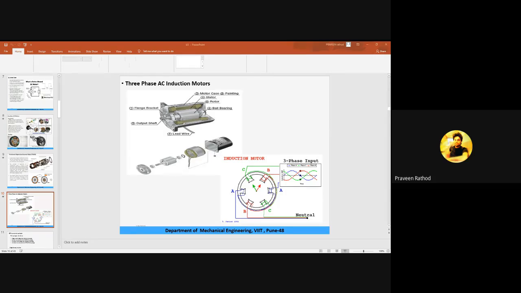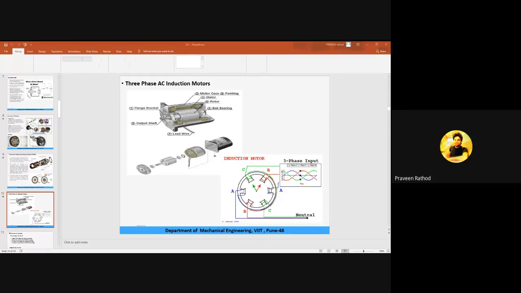It may be connected in a star way, or it may be connected in a delta way. Those are the connections of the phase wires inside the motor. The stator core is made up of laminated silicon steel.